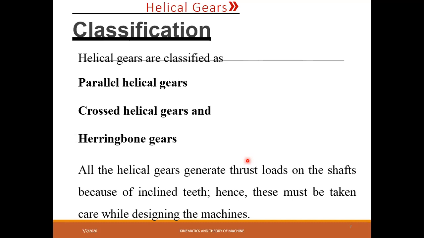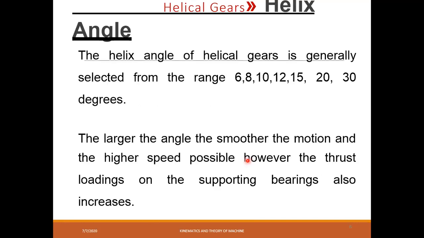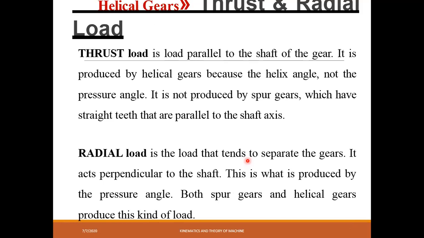Why? Because the load generated on the teeth is directly transferred to the shaft due to the inclined teeth. Thrust load is parallel to the shaft of the gear. It is produced by helical gears because of the helix angle, not the pressure angle. It is not produced by spur gears, which have straight teeth parallel to the shaft axis.